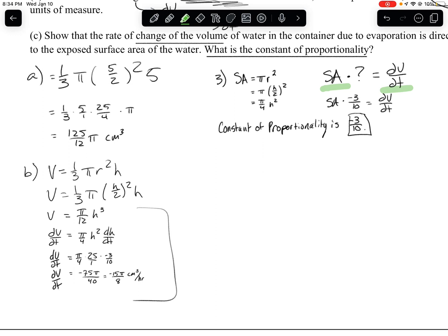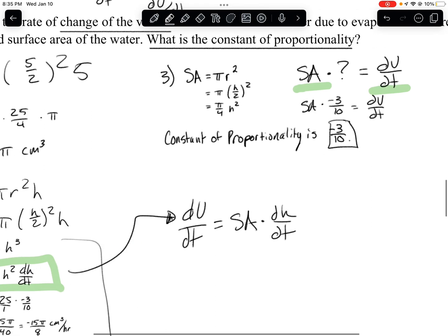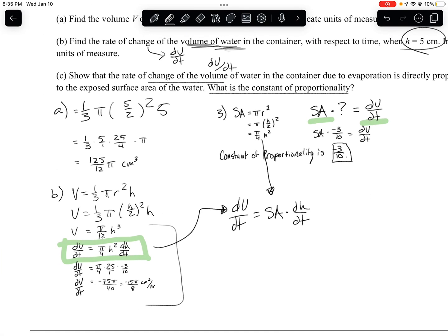And you can see that right here, this is essentially saying dV dt equals the surface area times dH dt, because that pi over 4 h squared is there. Hope this helps.